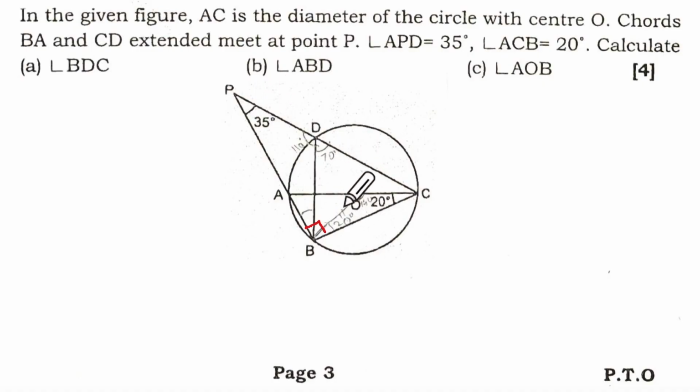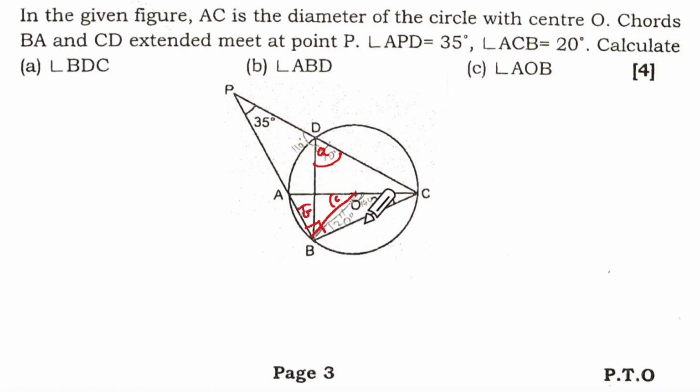Angle ACB, where is ACB? This is 20. Calculate BDC. BDC is A. ABD is B. AOB is C. Okay.